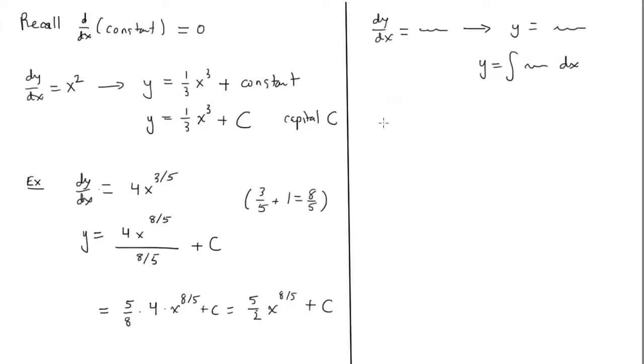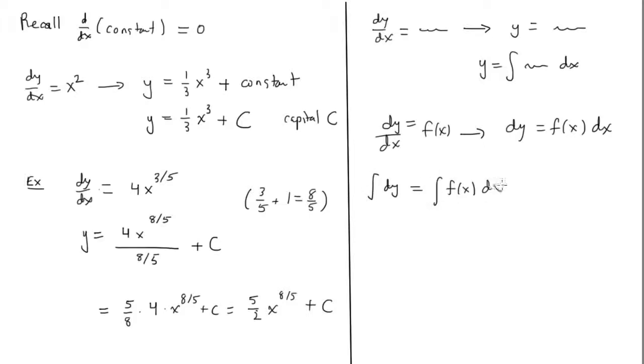Now the reason that I'm doing this is if dy dx is some function, then I can write dy as a differential is f of x dx. And then I can anti-differentiate, and that's what this symbol means, both sides. And then this thing is something that we've learned how to compute, and this thing is just y.